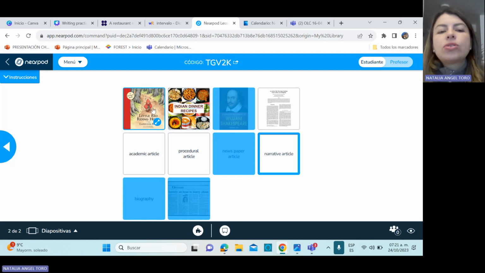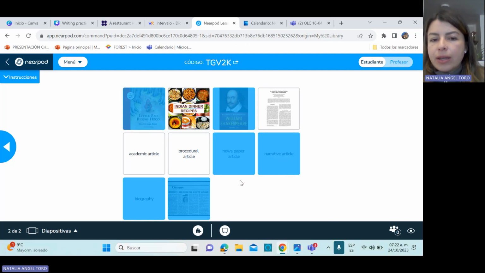Yes, it's close to Little Red Riding Hood, because a narrative article looks to count or to express an idea, but developed step by step. For example, tales, los cuentos. So Little Red Riding Hood is a narrative article.